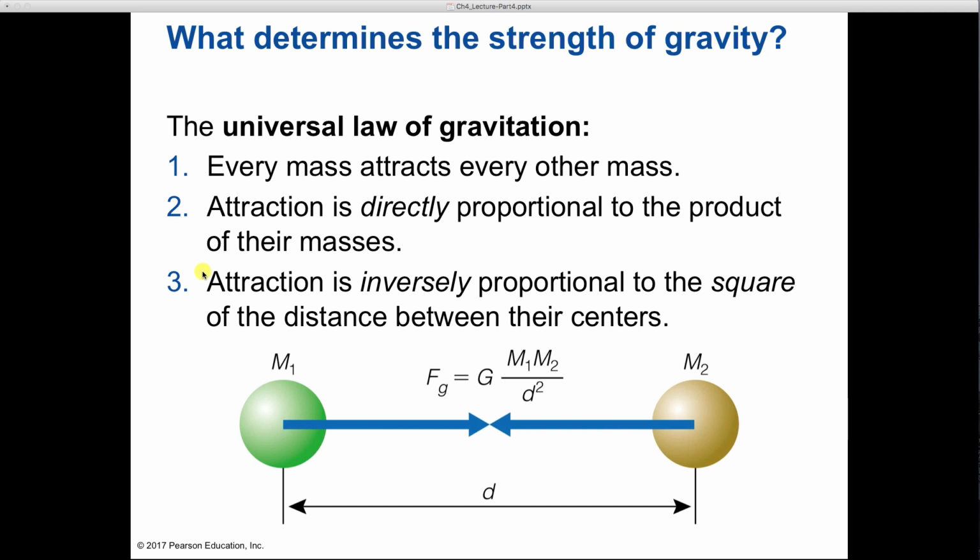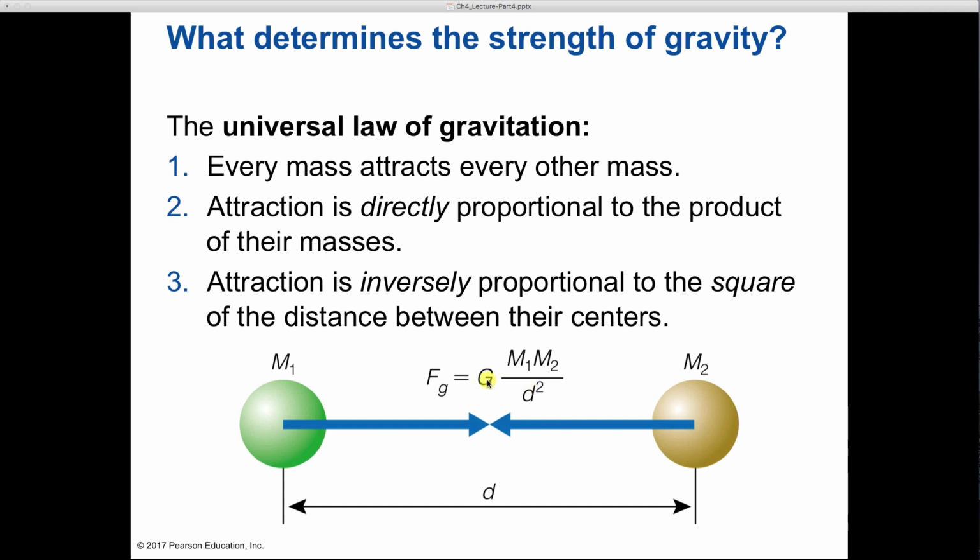Newton's law of gravity basically says that every mass attracts every other mass. So that's what gravity is. It's an attraction between masses. If you have two masses, m1 and m2, and they're a distance d apart from their centers, so d is measured from the centers of the two masses, then you can calculate a force of gravity by multiplying the two masses together, dividing by the square of the distance, times a constant, big G. Big G is just a number.